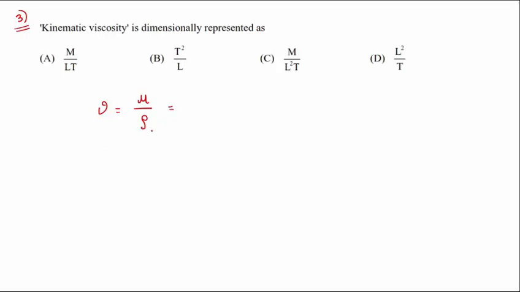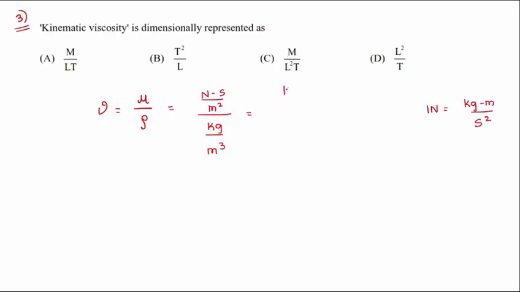What are the units of dynamic viscosity? Newton second per meter square by kg per meter cube. But you can write Newton as 1 Newton is equal to kg meter per second square.